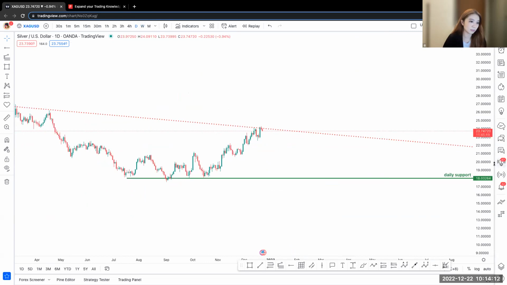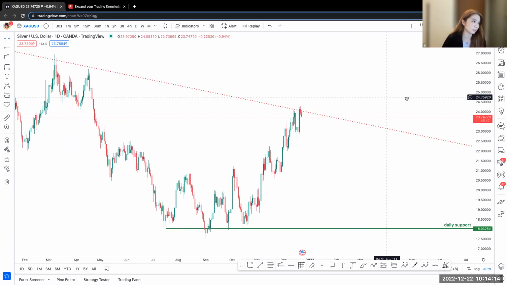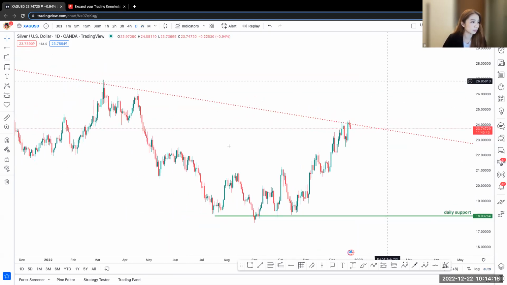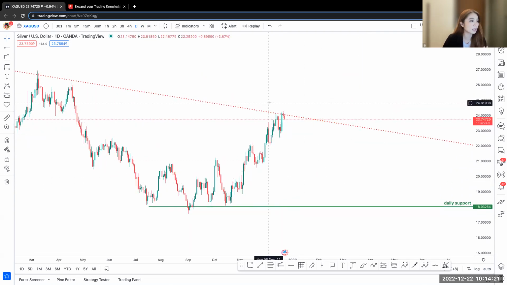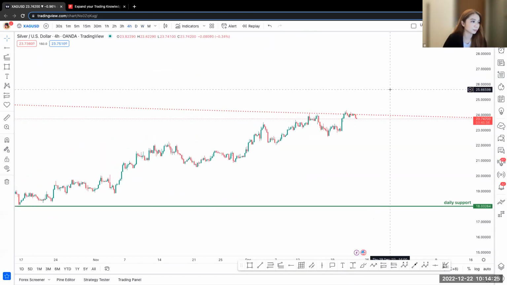Let's do daily. So daily we had a short-term burst up. However, the bigger trend is on the downward movement, so we are pending to see a fall right now from the H4.